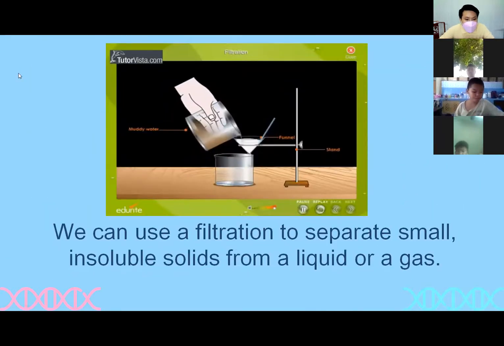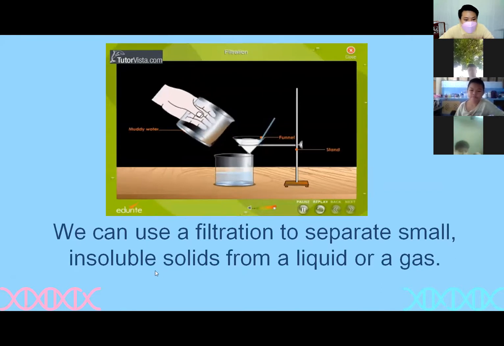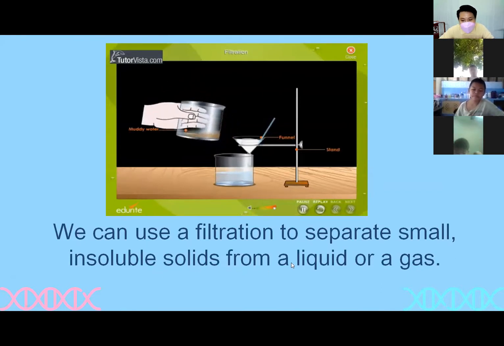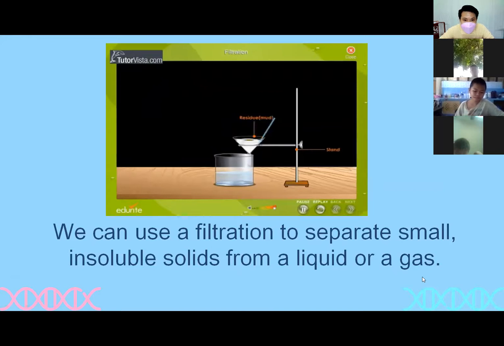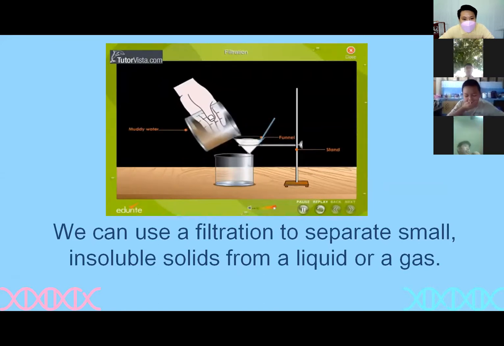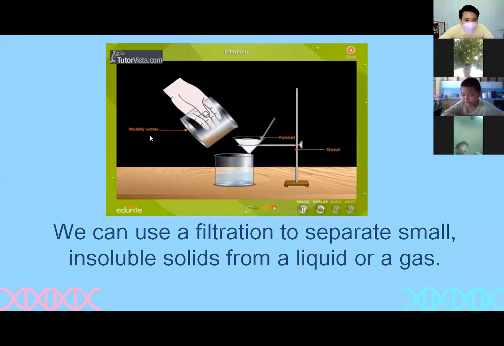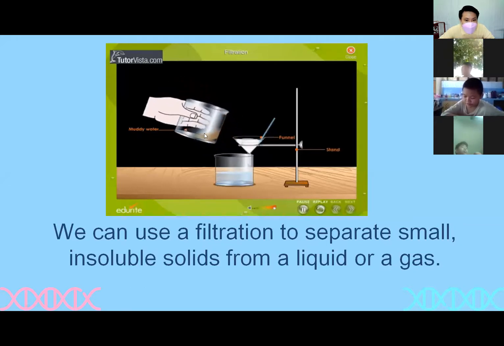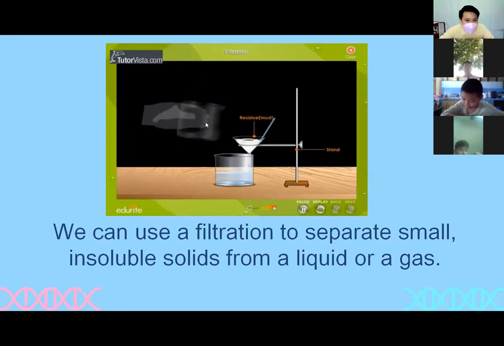Another, we can use filtration to separate small insoluble solids from a liquid or a gas. So we will use now the filter paper. So when we put, for example, like this one in the video, you can see it has the muddy water, or water with mud.